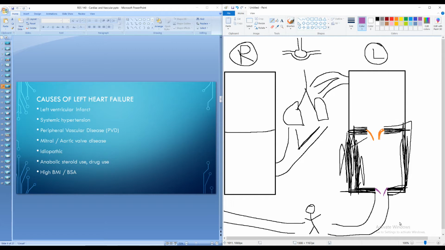And then patients who have high BMI or high body surface area, that's a very nice way of referring to our larger, significantly overweight patients. But having a high body surface area doesn't necessarily mean that our patients are significantly overweight.